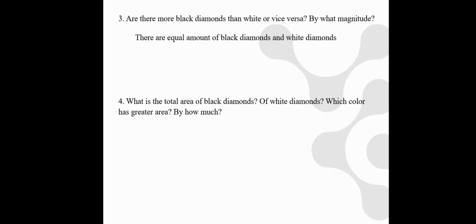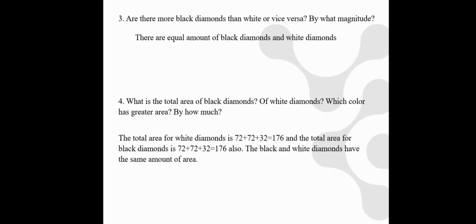We already computed the areas of the black and white diamonds a while ago, so we're just going to sum up. The total area for white diamonds is 72 plus 72 plus 32, equal to 176. And the total area for black diamonds is also 72 plus 72 plus 32, also 176. So the black and white diamonds have the same amount of area.